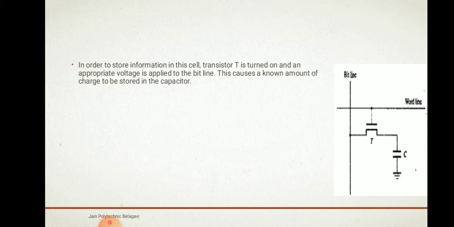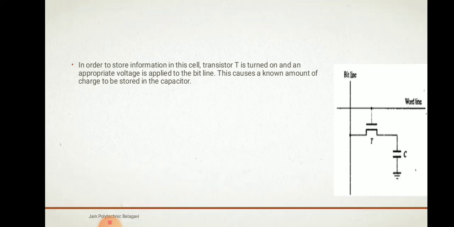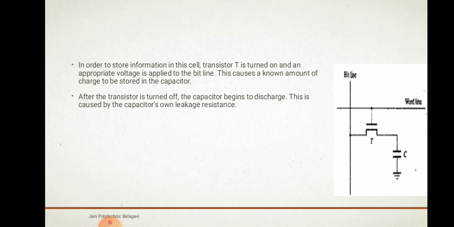C stands for the capacitor, which is used to store the charge. Now after the transistor is turned off, the capacitor begins to discharge. That is, automatically when the transistor is turned off, the capacitor goes on losing the charge. This is caused by the capacitor's own leakage resistance.